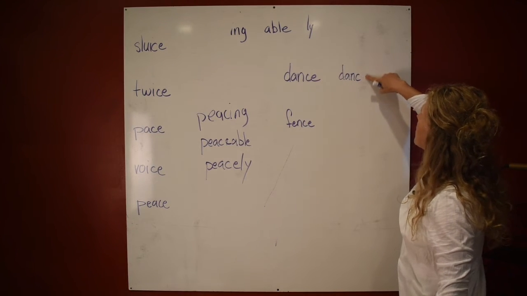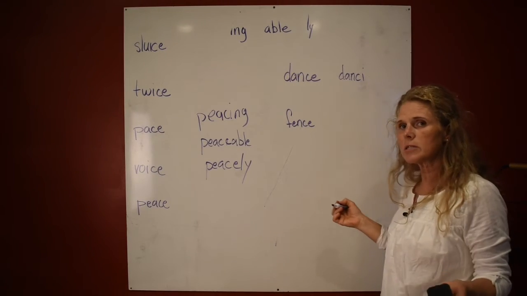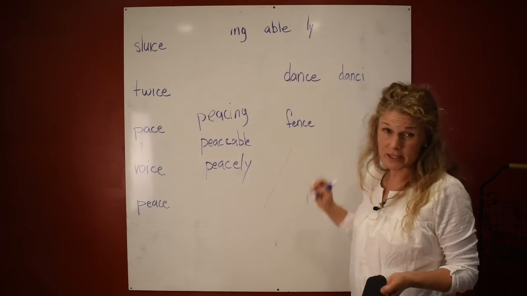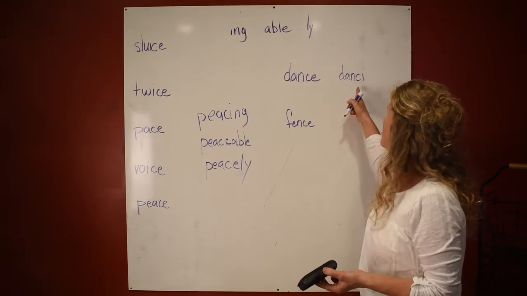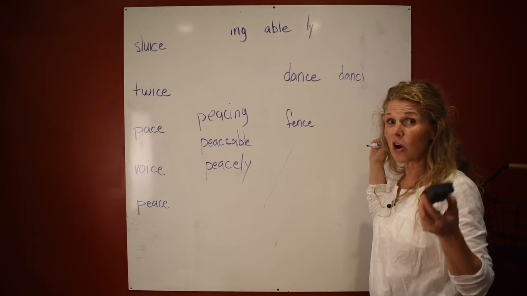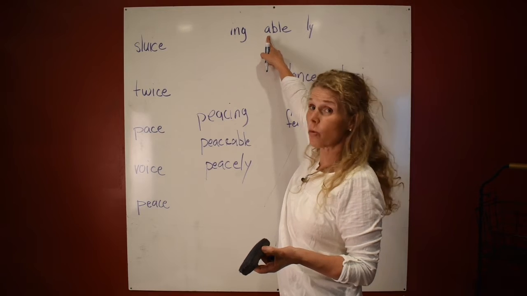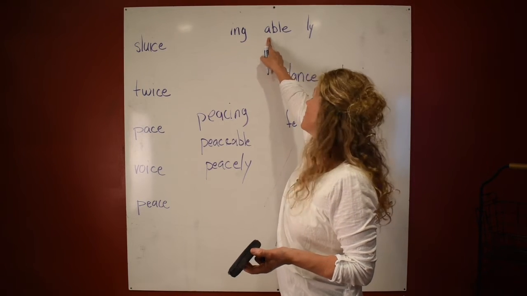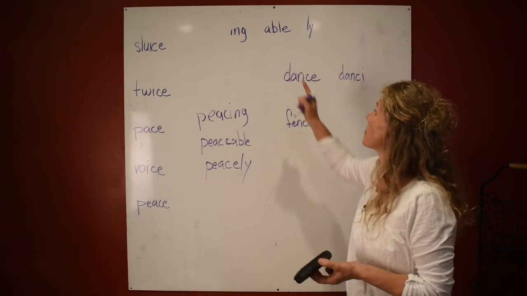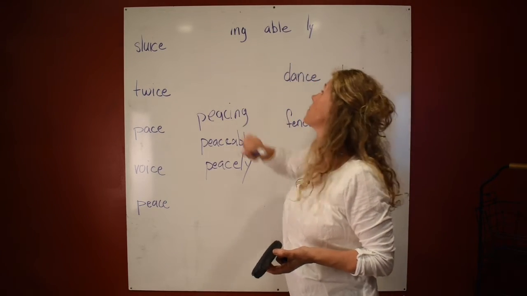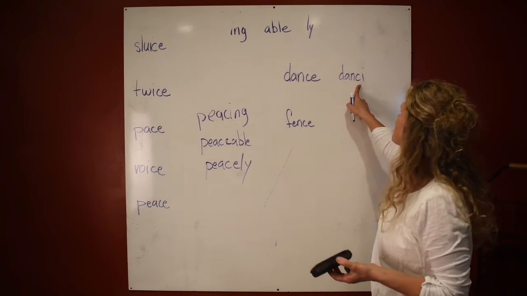All right, so now we have dance. Okay, we're going to add on our vowel suffix that starts with an I. Now, most suffixes start with an E or an I. So you don't have to pay attention to this all the time, but it's super important for you to notice that when you are adding on a suffix that doesn't start with an E or an I, then you need to be really careful that you don't misspell some of your words, okay?